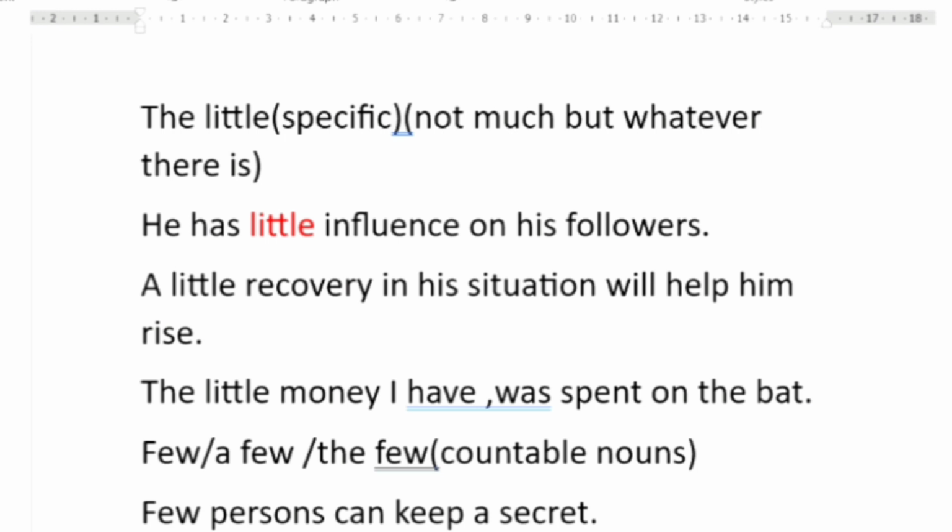Then, a few words were spoken by the guest. Means he spoke something but not much. And the few clothes they had were torn. Means whatever they had. Right?